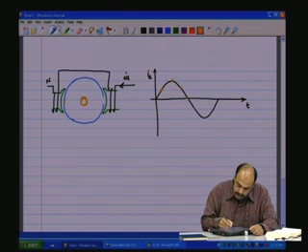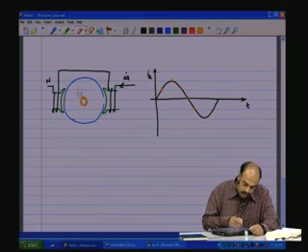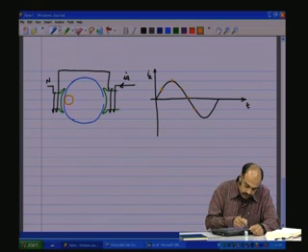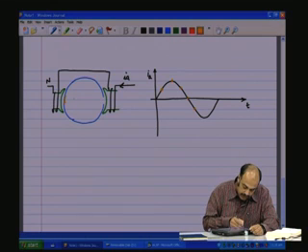And then further when the current starts going negative, what happens is the dumbbell reverses polarity. That is, you will have a dumbbell which is half the size. Now this is south and this is north.